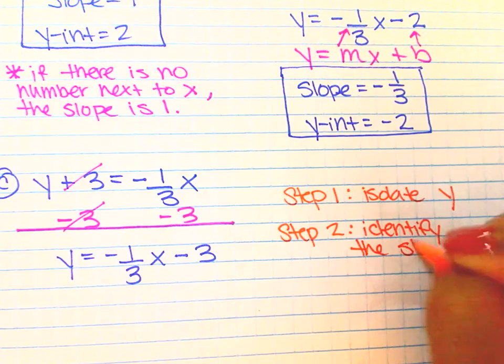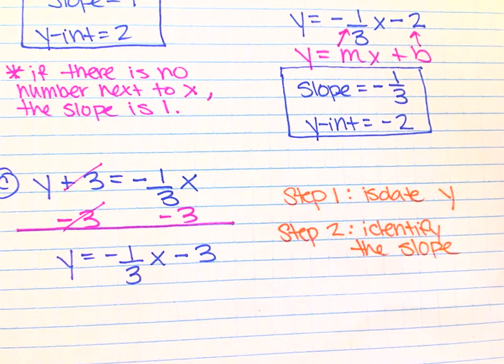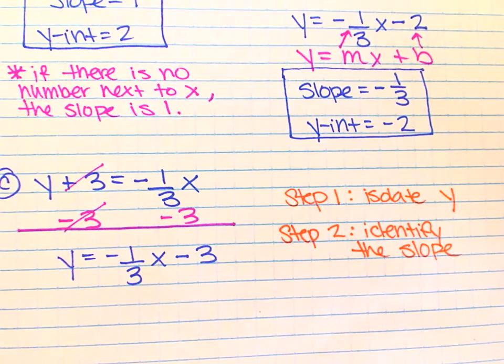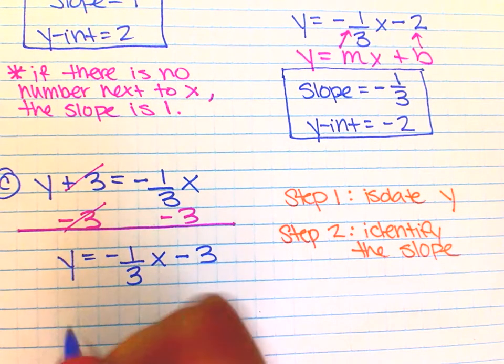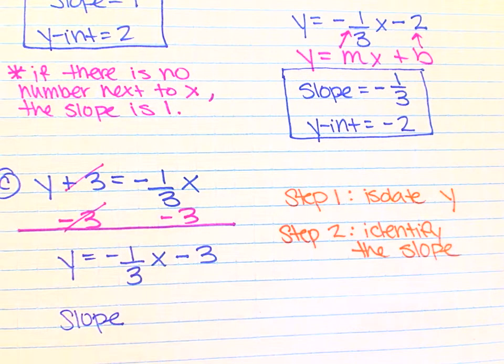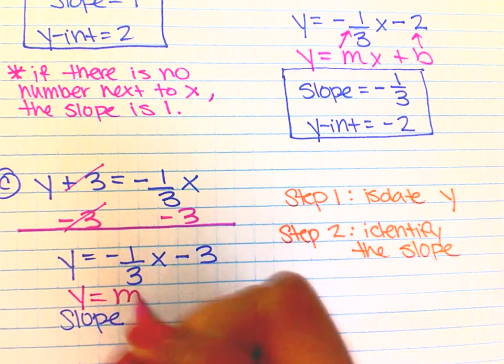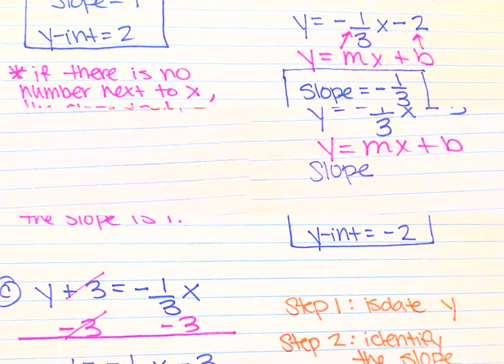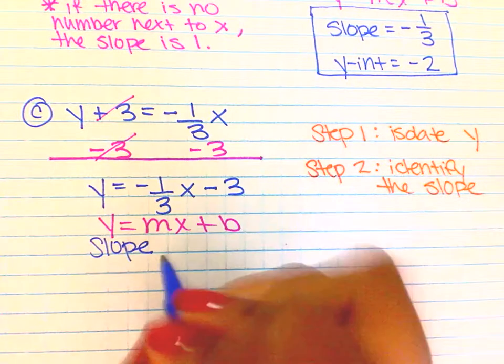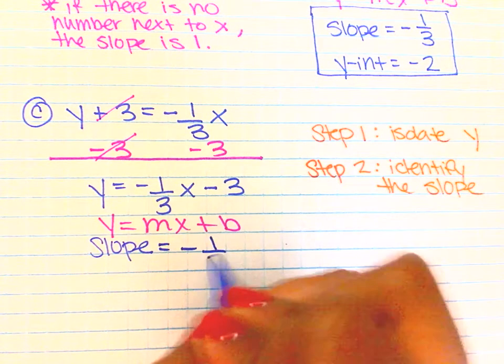Identify the slope. Okay? And the slope is next to x. I know that slope equals y equals mx plus b. The number next to x, my slope is what? Negative 1/3.